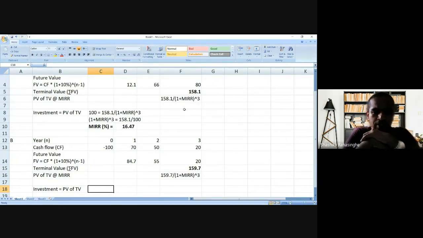Right. So the first step is to calculate terminal values. So for every inflow, you calculate the future value, and if there are outflows, you calculate present value, right?